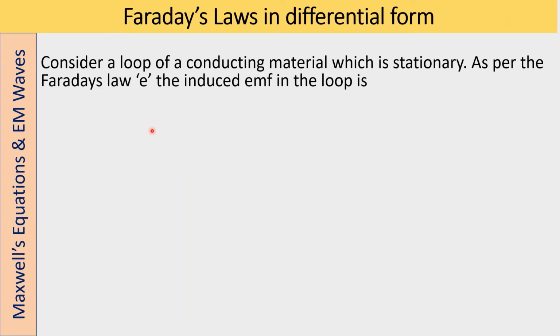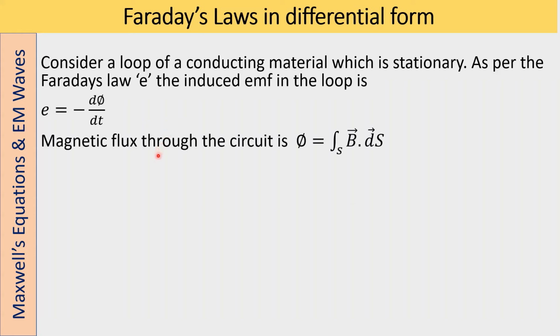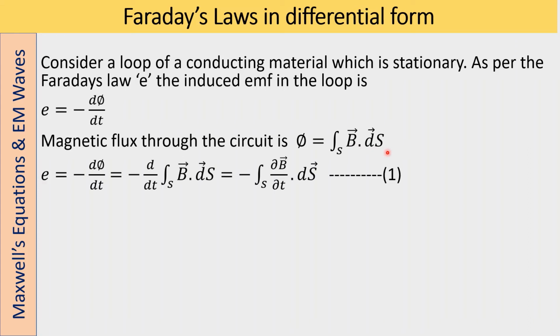Now consider a loop of conducting material which is stationary. As per Faraday's law, the induced EMF E in the loop is given by E is equal to minus d phi by dt. The magnetic flux through the circuit is given by the total flux psi is equal to the surface integral of B dot ds.